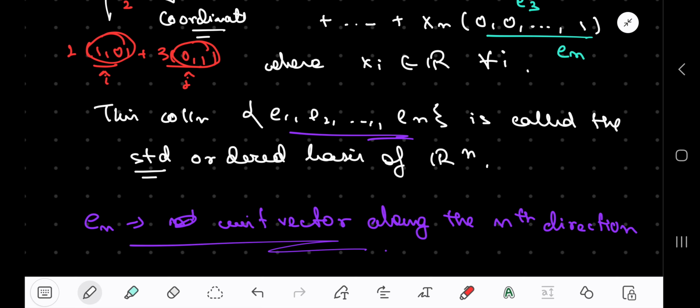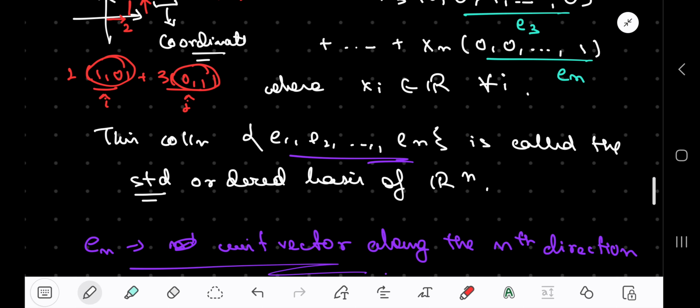If not, then for the time being just think of it this way: you cannot change the order in which E1, E2 till En is written. Geometrically, E1 corresponds to the first coordinate of the vector we are talking about, E2 corresponds to the second coordinate, so this order has to be strict, and it is called standard because it corresponds to the usual way in which a coordinate is plotted. That is why we call it standard.